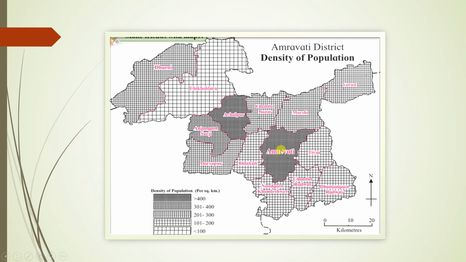So here they have used dense squares. The patterns which they have used are very dense. Chikaldhara with less population, less than 100, the pattern they have used is very sparse. So this is also an example of a choropleth map.